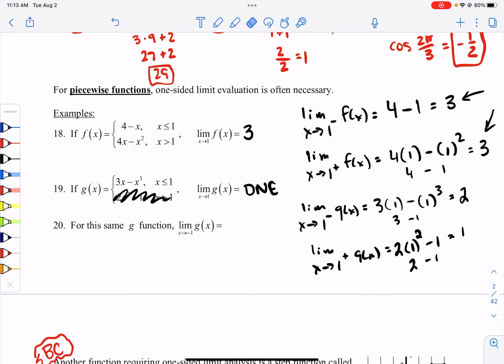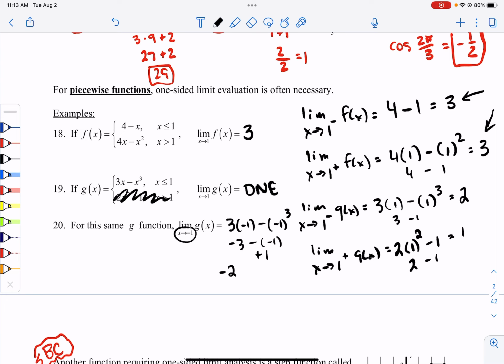So I'm going to just try plugging x being -1 right into the top function. 3 times -1 minus -1 cubed. 3 times -1 is -3. -1 cubed is -1, so I'm doing minus a -1, which is like adding 1, so I get -2. So that limit does exist. The value is -2.